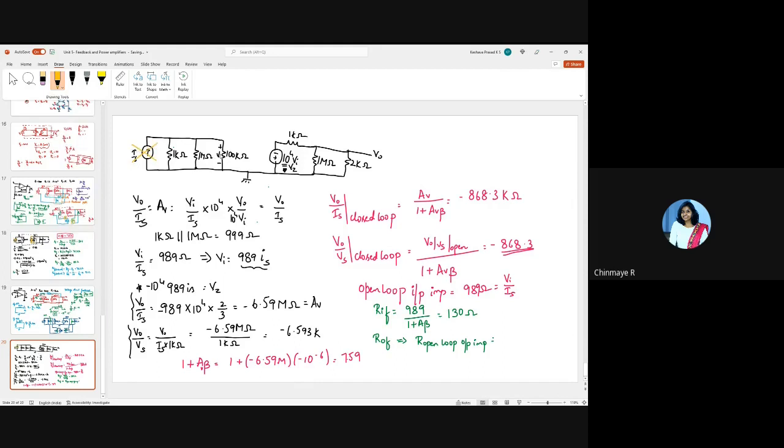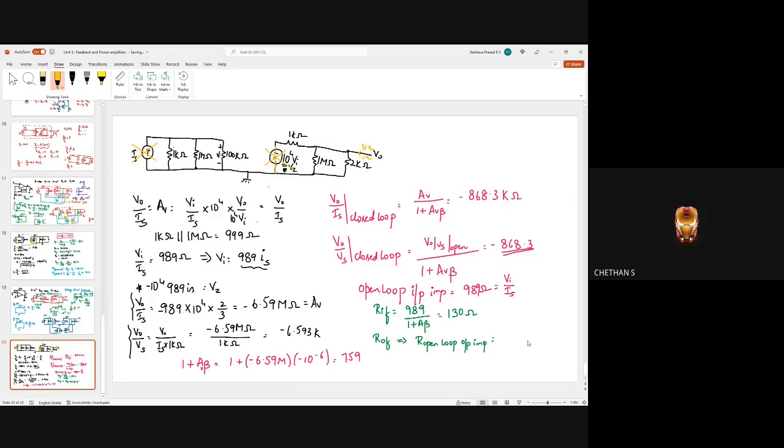If this is open circuited, then the voltage drop across this is 0, right? So therefore this will also be 0. This will look like it is shorted here. So now what you do? You apply a small voltage Vx here and then try to find out what is Ix. Vx by Ix will give you the open loop output impedance. Correct? So now can you tell me what's the open loop output impedance?